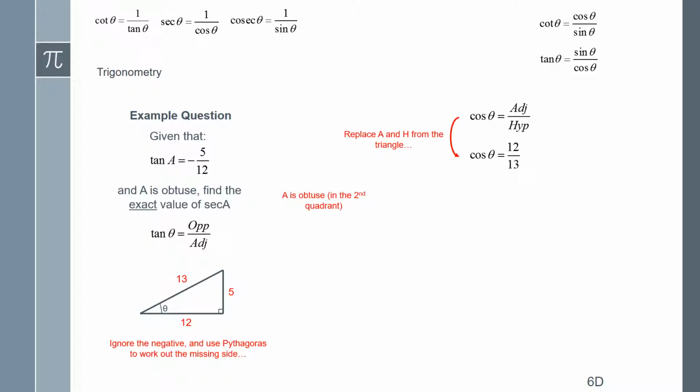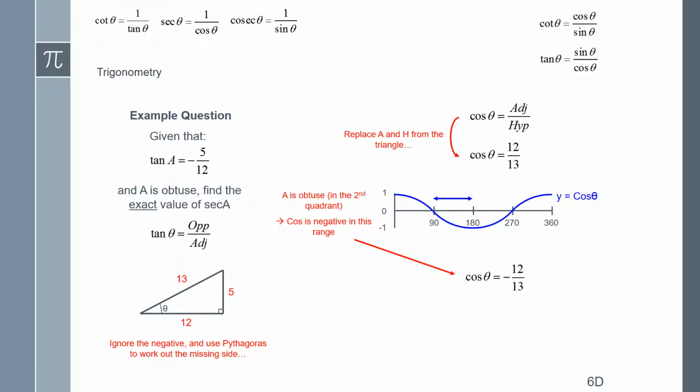A is obtuse, so it's in the second quadrant. So if A is obtuse in the second quadrant, that bit there of the cos graph, we can see that cos must be negative. So that means that cos theta must be minus 12 over 13.